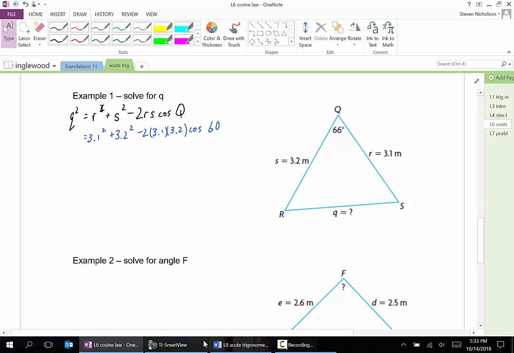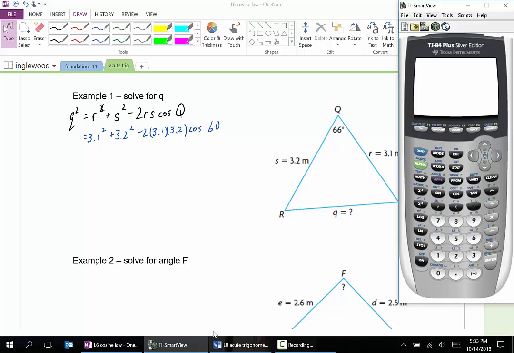What we end up with is 3.1 squared plus 3.2 squared minus 2 times 3.1 times 3.2 times the cosine of 66. And when we do that, we get 11.78.